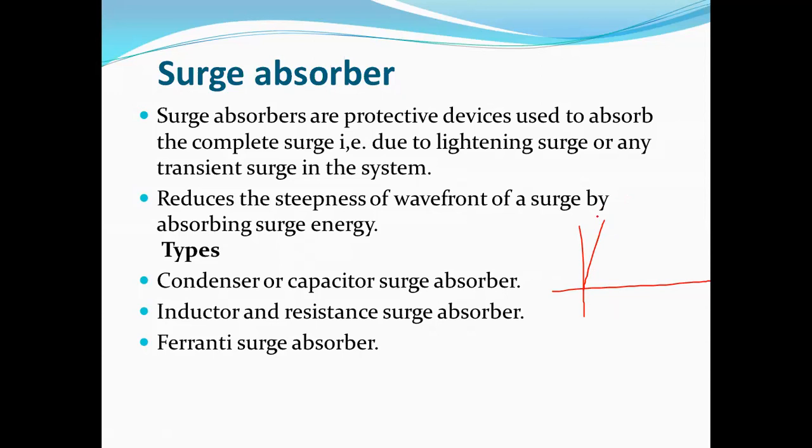This stiffness of the wavefront is actually the slope. If I draw it here, the stiffness is low, but if there is a sudden increase, that is nothing but the stiffness.